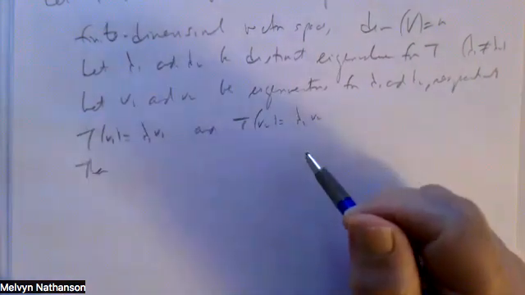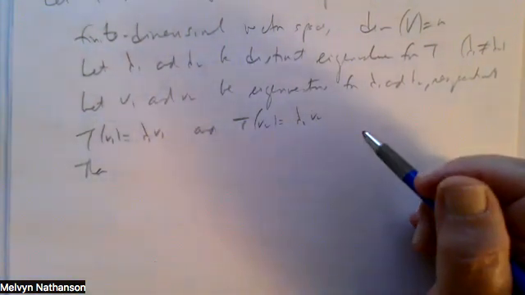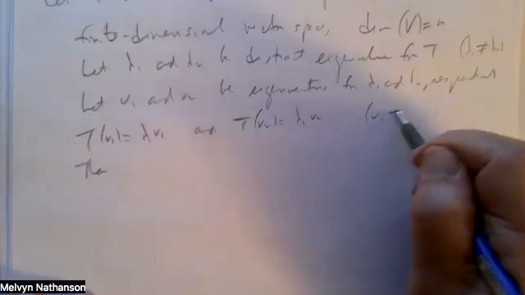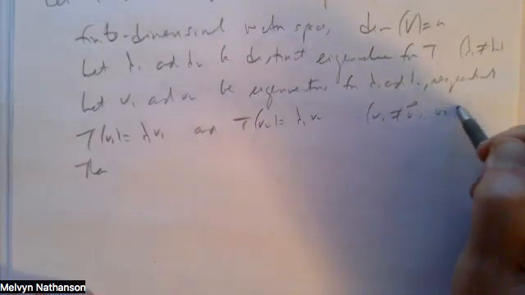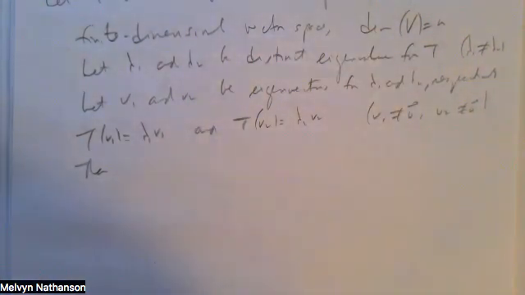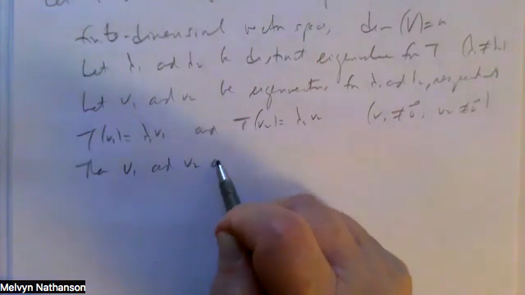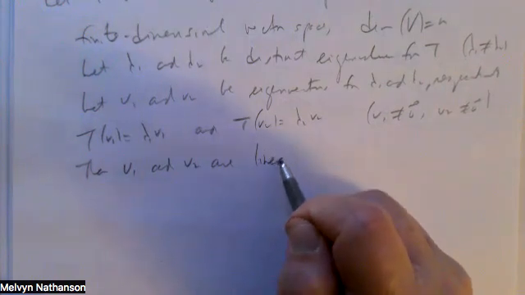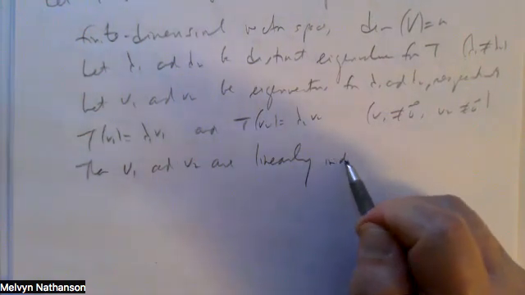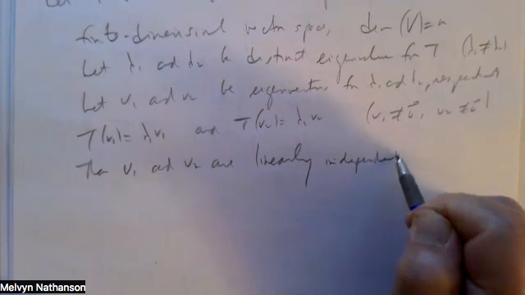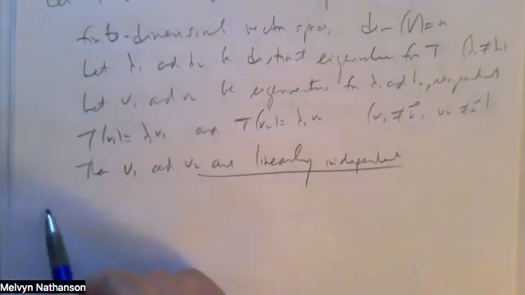Then, we know eigenvectors are, by definition, non-zero. V1 is not the zero vector, V2 is not the zero vector. An eigenvector is defined to be a non-zero vector with some additional property. Then V1 and V2 are linearly independent. Why is that?